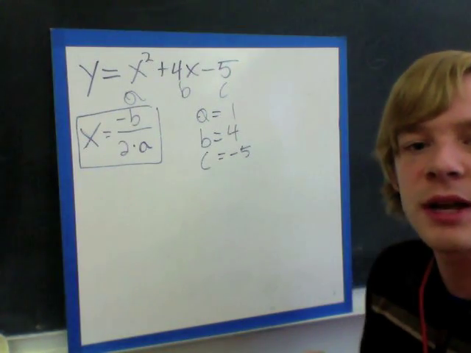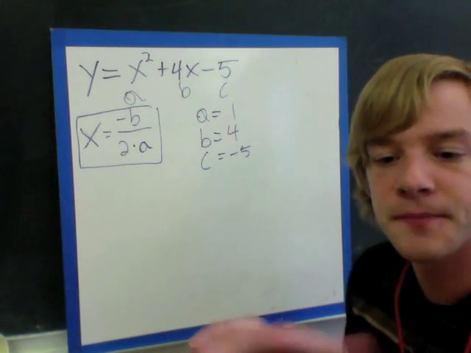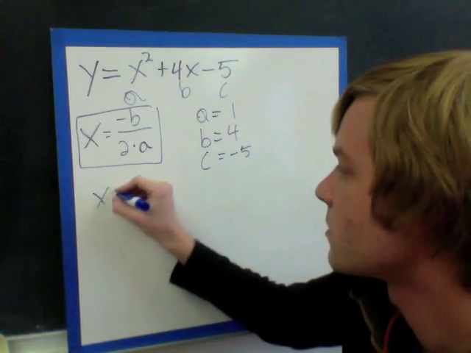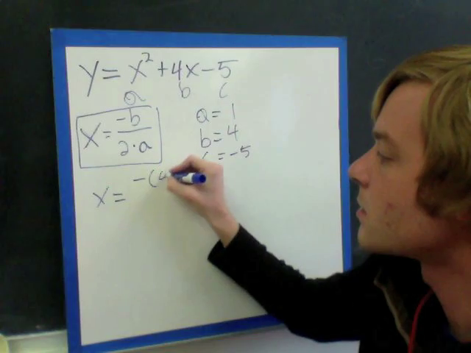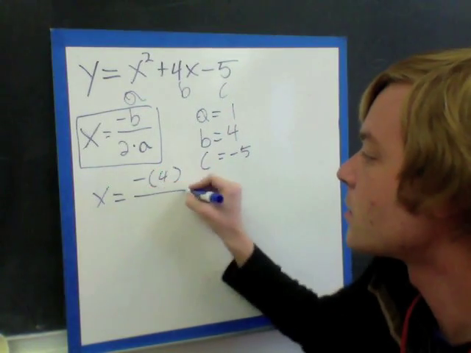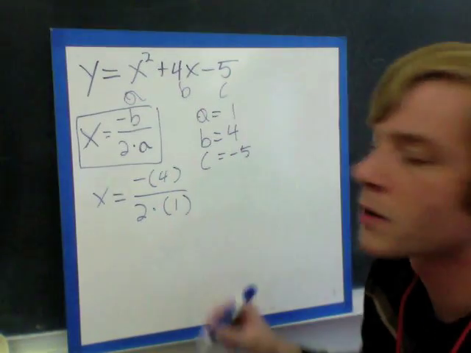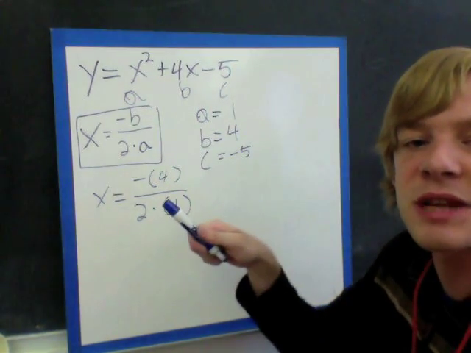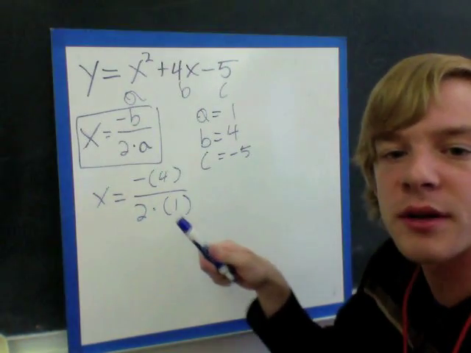So I'm going to go ahead and put this in my equation here. So I replaced b with 4, the negative is on the outside of the parentheses, and I replaced a with 1.